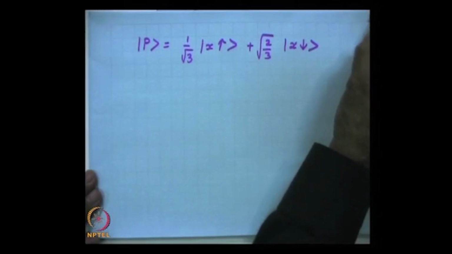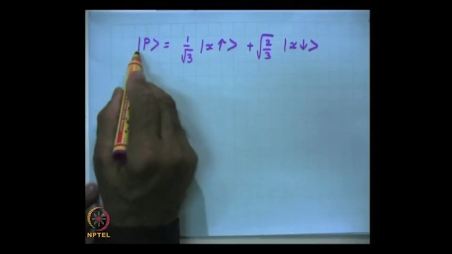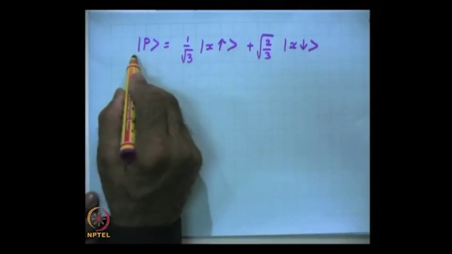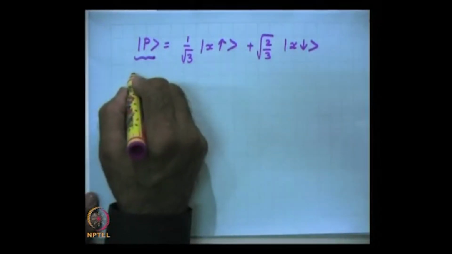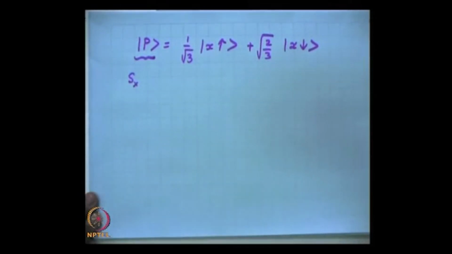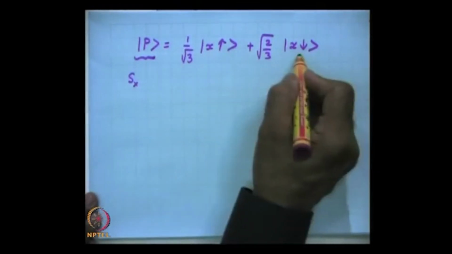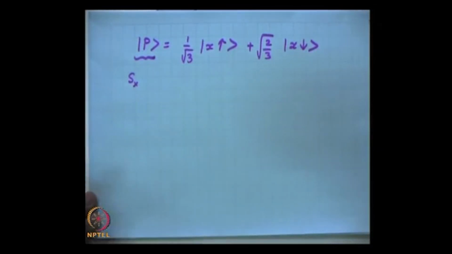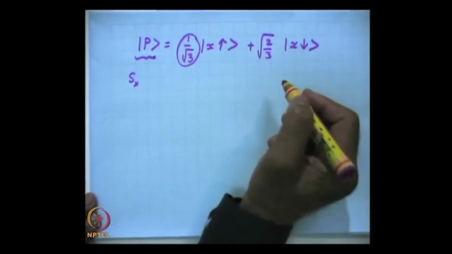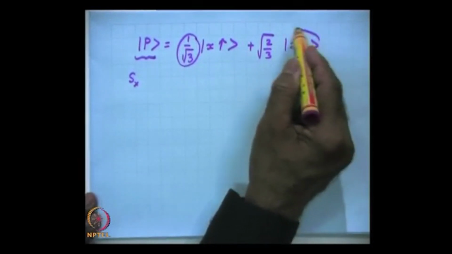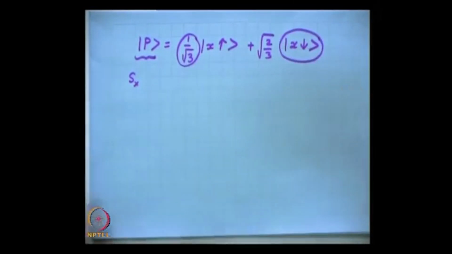Now, if the system is in state P, and I make a measurement of the x component of the angular momentum, will I get the x up state or the x down state? The answer is I do not know. There is a 1/3 probability of finding it in the x up state and 2/3 probability of finding it in the x down state.